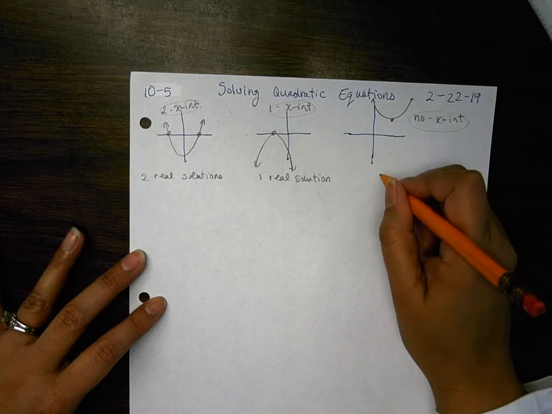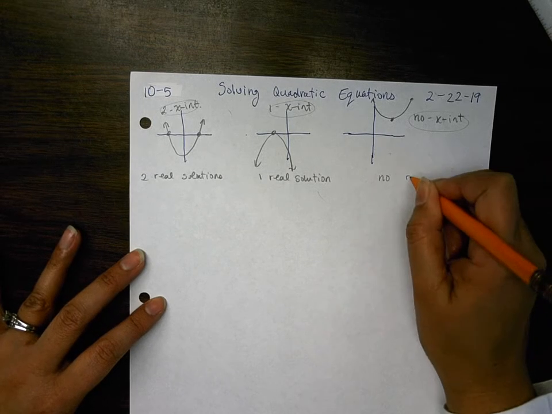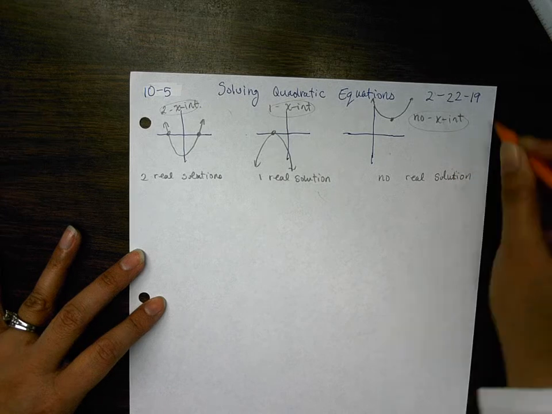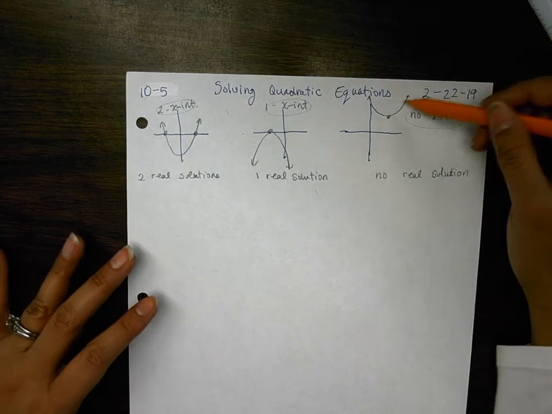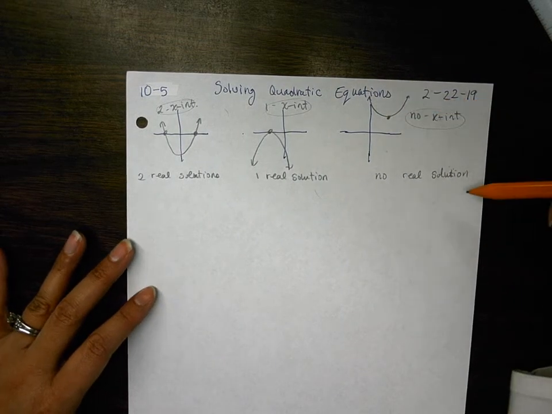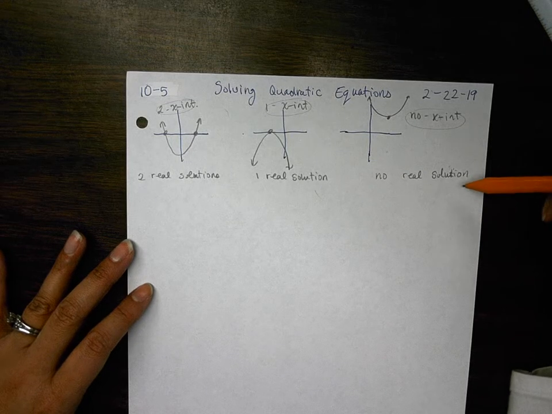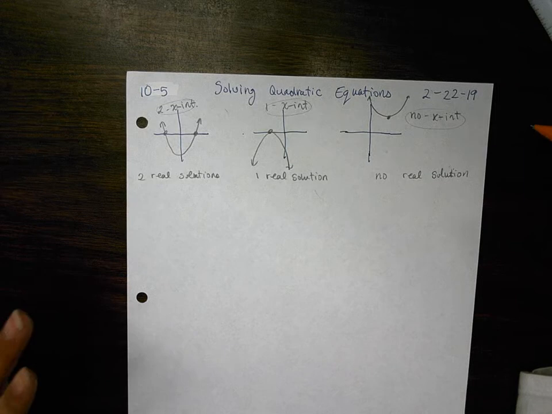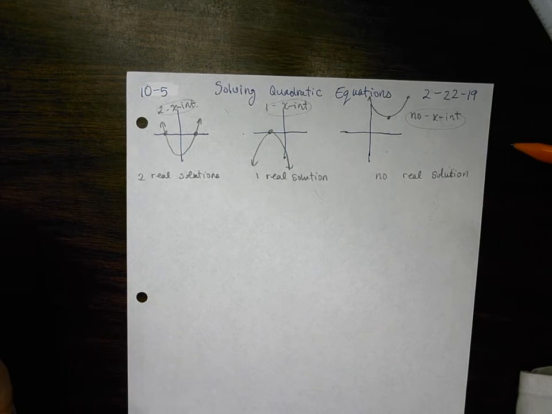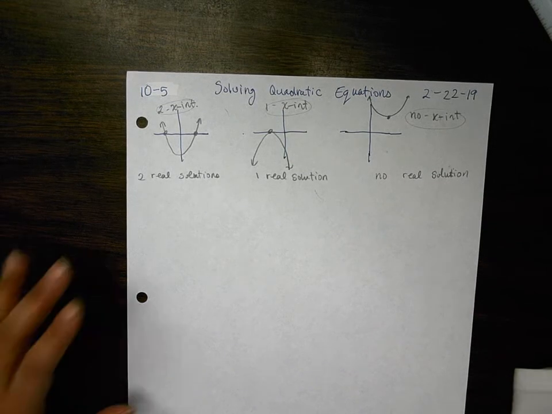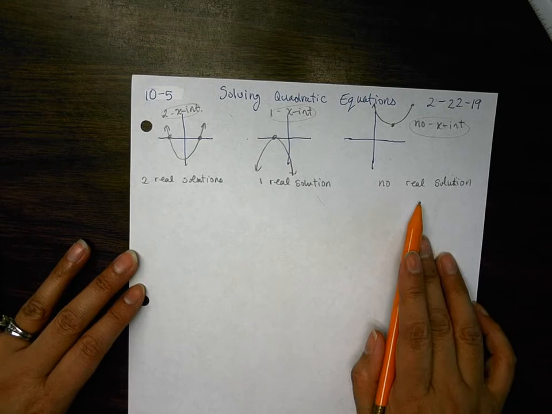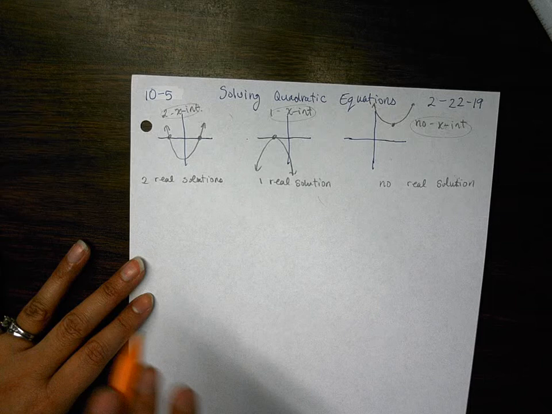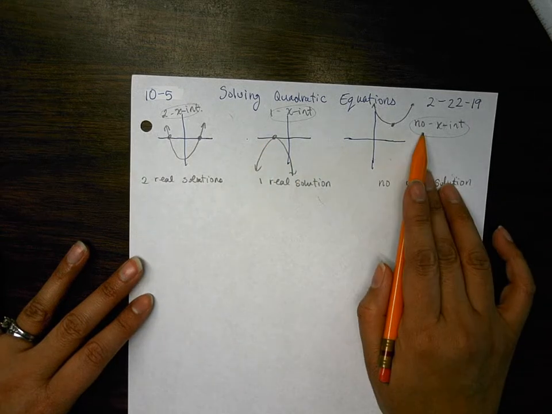That would happen here because this one is no real solution. There's no real solution to the function, whatever parabola I graphed here. That function, when I set equal to 0 and solve, would have no real solution, which means it would have imaginary solutions. Imaginary numbers is a concept we will deal with in our next unit. Okay, so for now, 2 real solutions, 1 real solution, or no real solution. Got it? Or 2 x-intercepts, 1 x-intercept, no x-intercept.